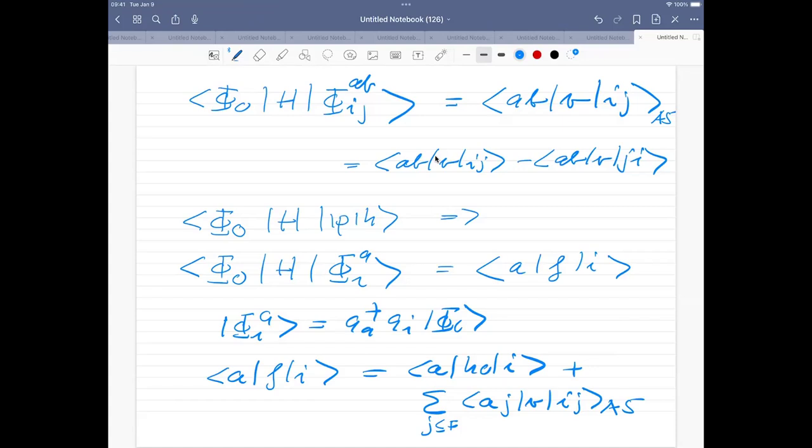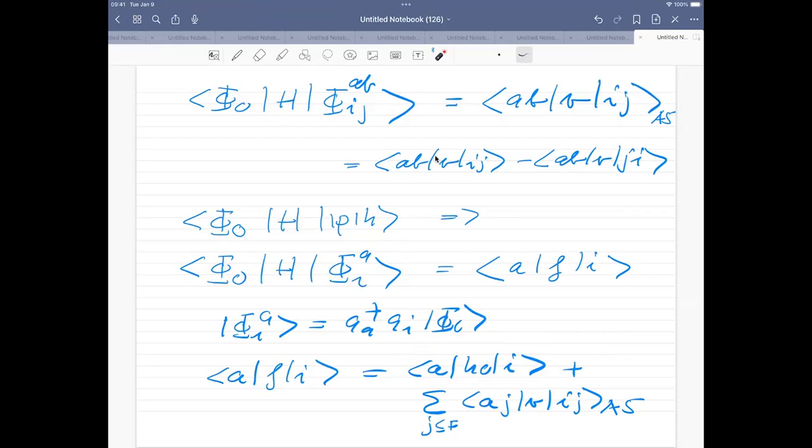So that means that these, which you see here, are many body states. But since we have defined these many body states in terms of a product of single particle states, we have a formula which relates these matrix elements to specific integrals which involve single particle states only. Okay.